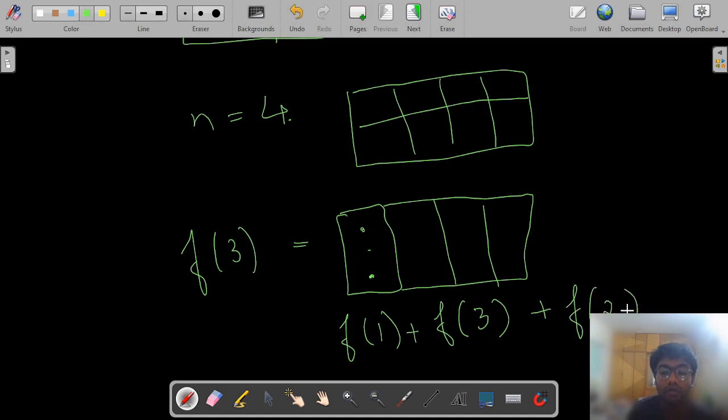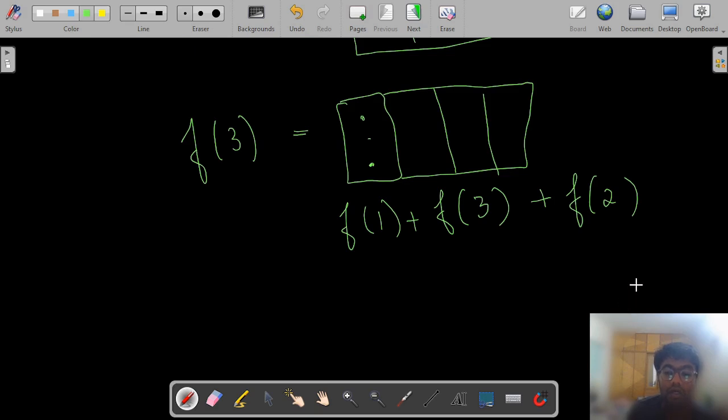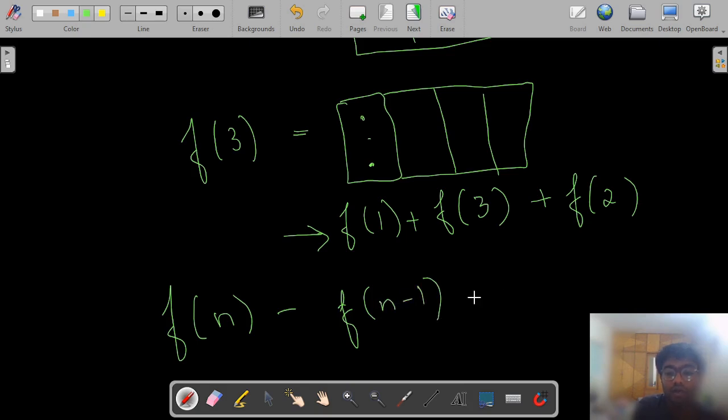So we can bring it down to a recursive case where f of n might be a problem where we can say f of n minus 1 and f of n minus 2 and f of 1 and f of 0.